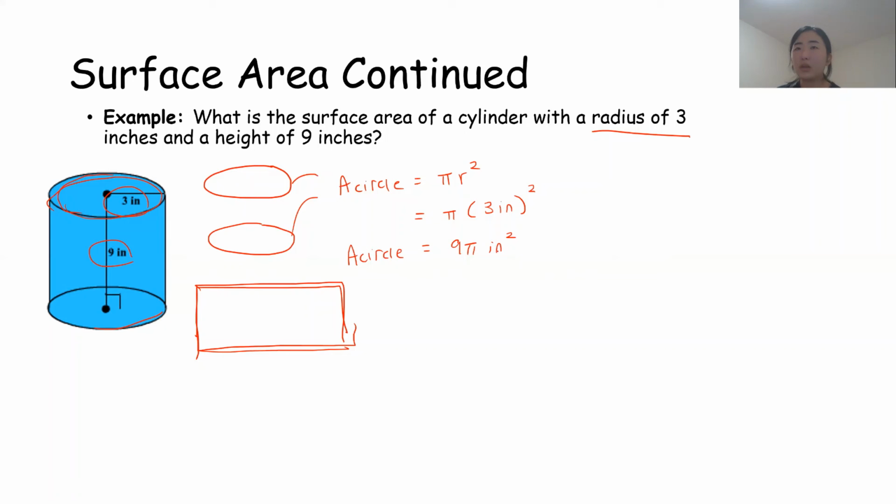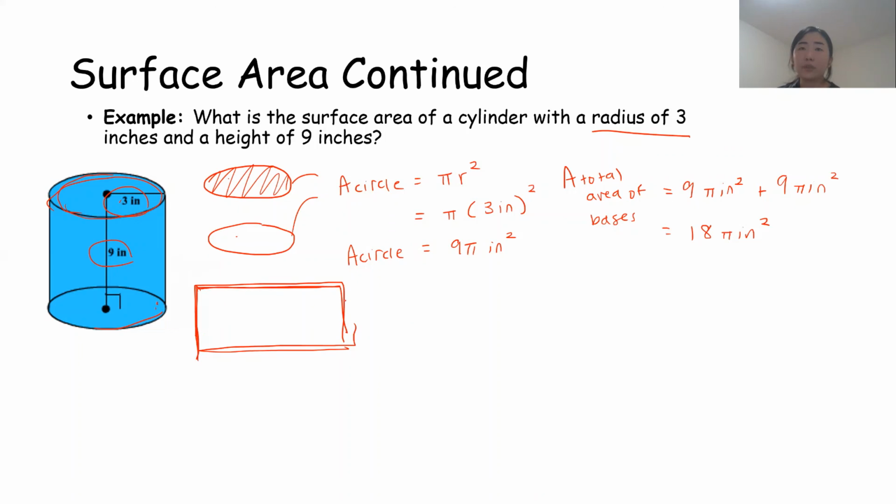We did this calculation in an earlier practice problem, and that's the area of one base. We have two bases, top and bottom, so the total area of the bases is 9 pi inches squared plus 9 pi inches squared, which equals 18 pi inches squared.